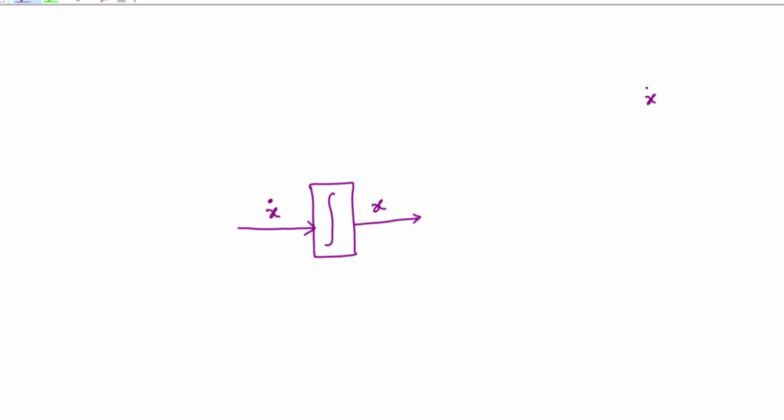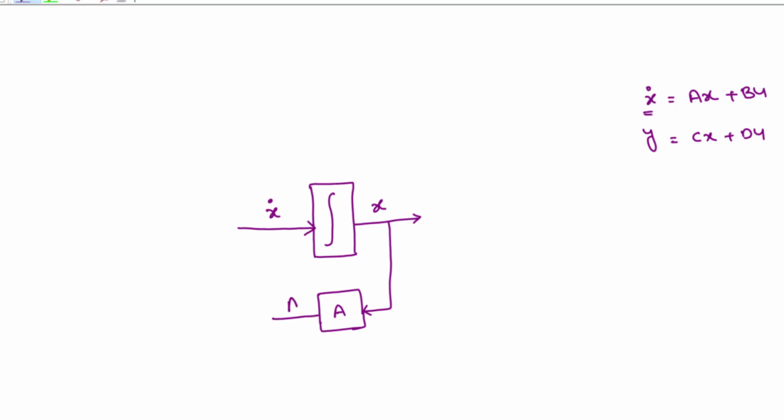So what are our equations? The state equation is x dot equal to ax plus bu, and the output equation is y equal to cx plus du. Now you got x. Let us take the value of A and multiply x with it. The output of this is Ax.